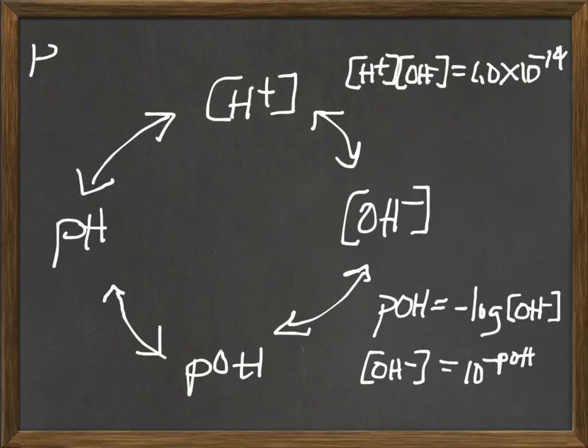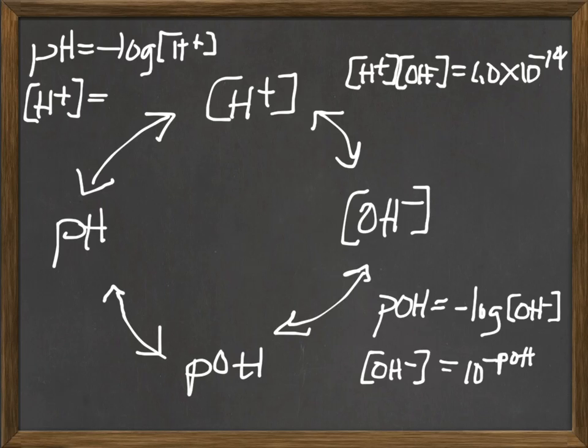Over here, pH is the negative log of the hydrogen ion concentration, and the hydrogen ion concentration equals 10 to the negative pH. And then down in this corner, pH plus pOH equals 14.